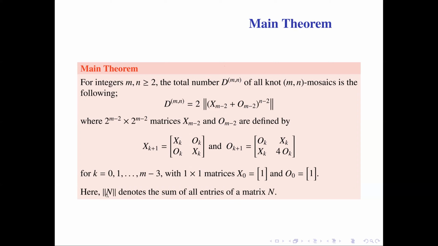Here, the double absolute value means the sum of all entries of the matrix. And X_{n-2} and O_{n-2} are given by partitioned matrices, or block matrices, inductively defined as follows.